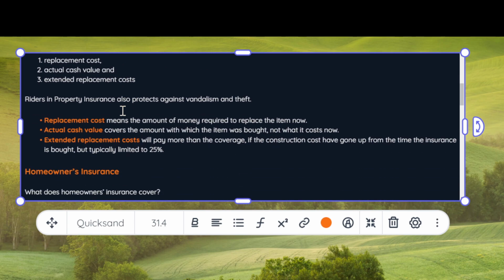So replacement cost means that say today an incident has happened in your property and you have claimed insurance from the insurance company, right? Now, say for example, your property is 10 years old. An incident has happened, a fire has broken out and it has damaged, say, 2 ACs, right? And you have to replace the 2 ACs, and you have claimed for it. What the insurance company will do is replace the 2 ACs.